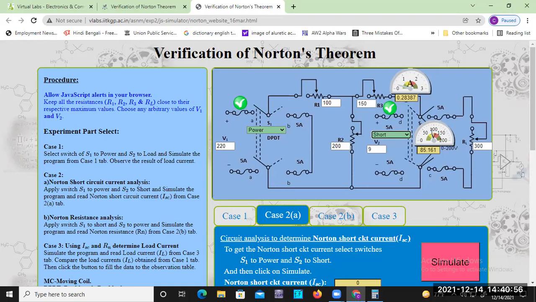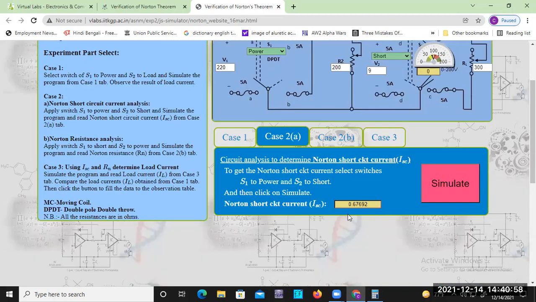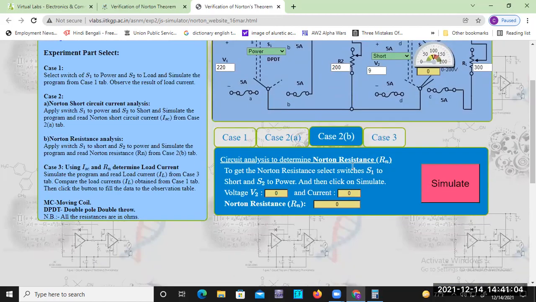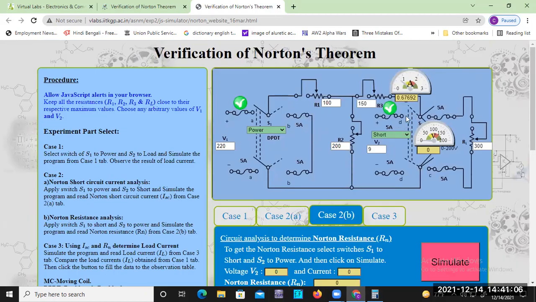Then we can measure, yes, this current is the short circuit current, 67692. Next, for the third case, we have to measure the resistance across this terminal. Whenever this terminal should be shorted, only this 9 volt is applied to measure the voltage and current across these two terminals, so that we can get voltage by current equal to the resistance.